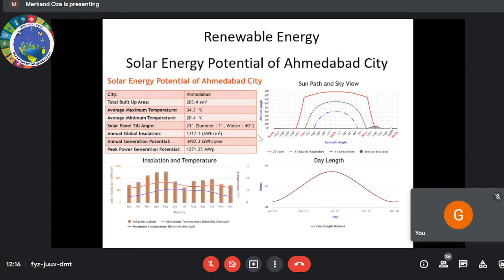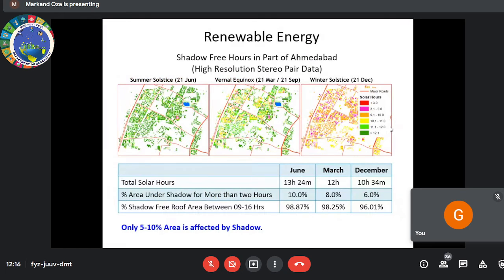That means if there are tall towers beside my low-rise building, then there will be a lot of shadows. So, considering all such things, the potential of tapping solar energy in a city can be mapped. In fact, it has been mapped for all 60 solar cities of India.